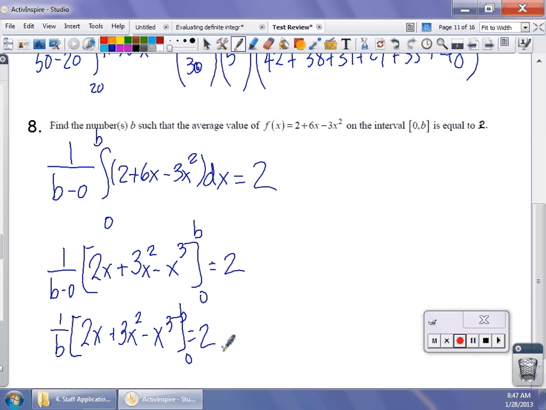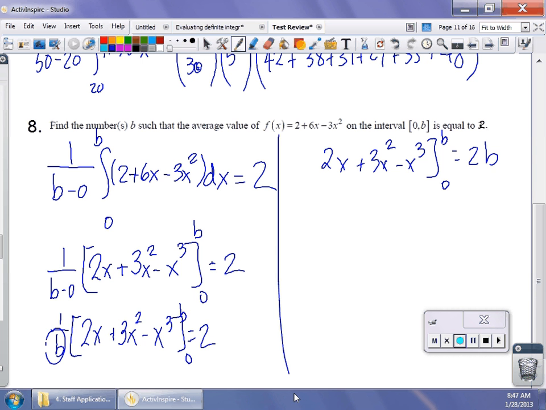I'm going to multiply this b to the other side, so I'll have 2x plus 3x squared minus x cubed evaluated from 0 to b is equal to 2b.